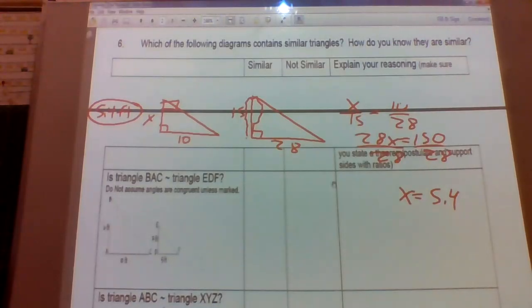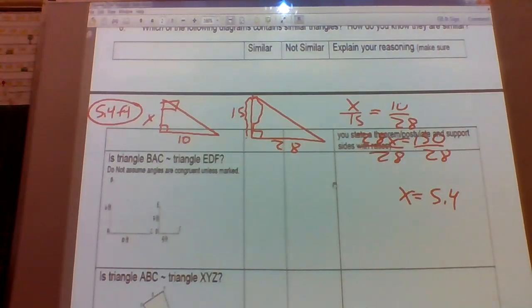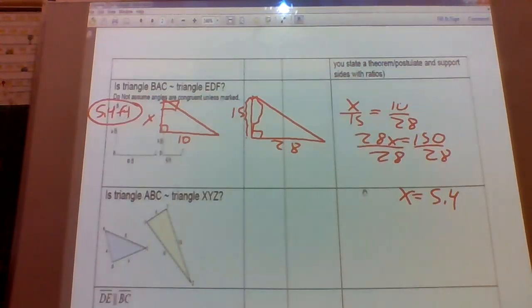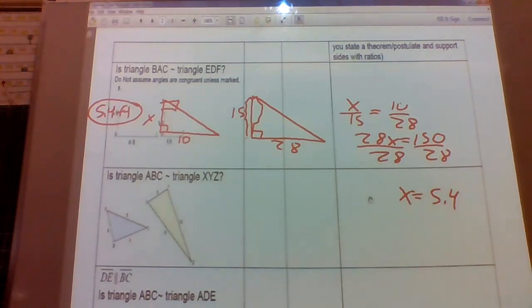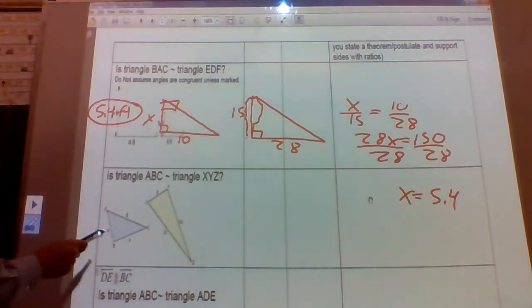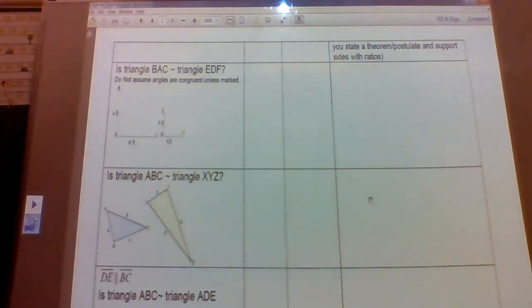Okay, which of the diagrams contains similar triangles? How do you know? Explain your reasoning. So similar is the first column, not similar is the next one. So are these triangles similar? Do not assume angles are congruent unless marked. Here, again, I don't know if it's different if I downloaded this.